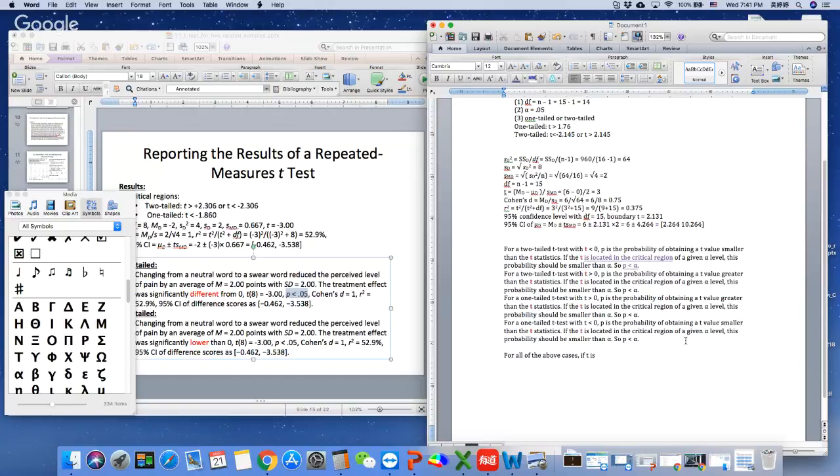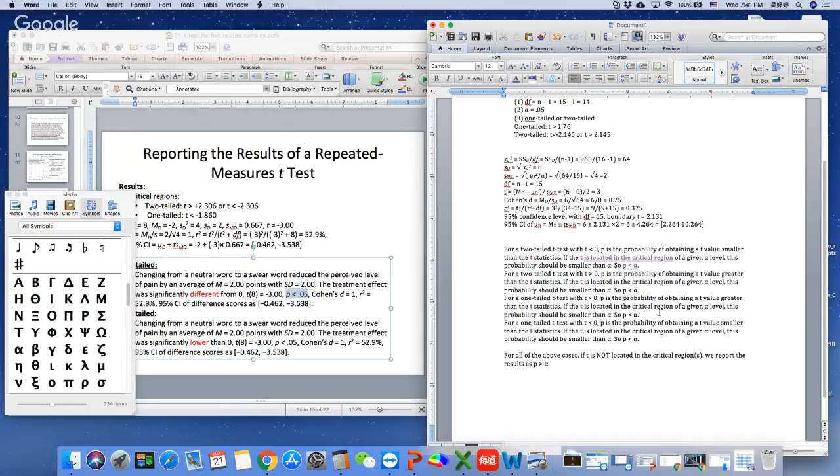In all the above cases, if T is not located in the critical region, we'll report the result as P greater than alpha.